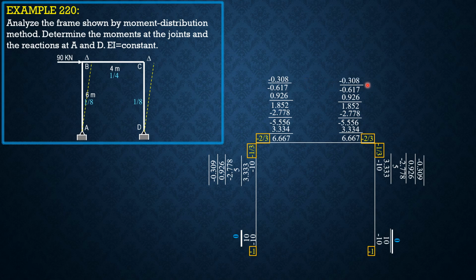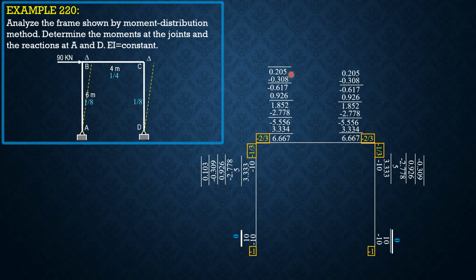Negative 0.308 also there. Negative 0.308 times negative 2/3, 0.205. Times negative 1/3, so 0.103. Negative 0.308 times negative 2/3, 0.205. Negative 0.308 times negative 1/3, 0.103. Then carry over, so 0, 0.